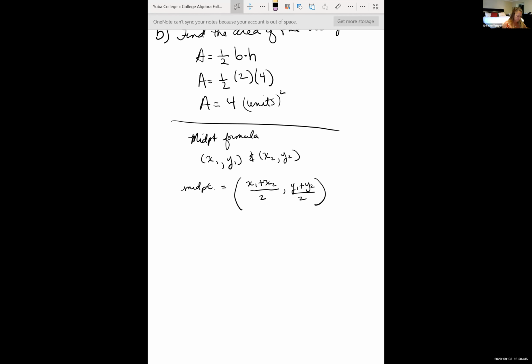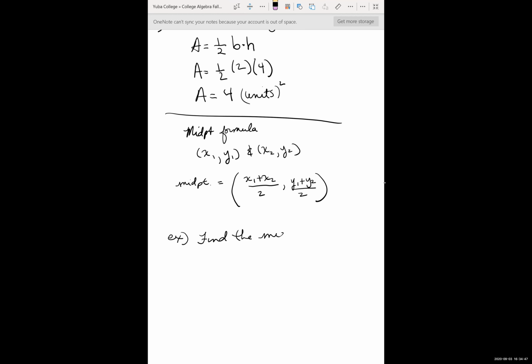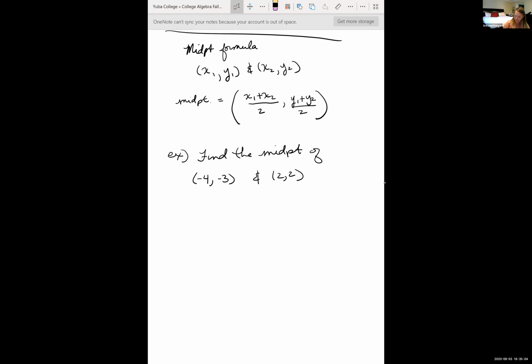Find the midpoint of -4, -3, and 2, 2. Just to give a kind of idea, I'm going to graph it.